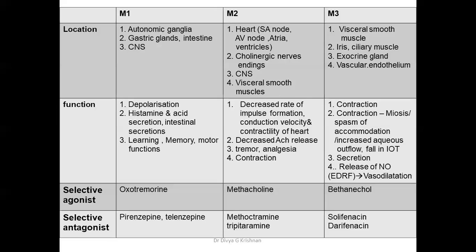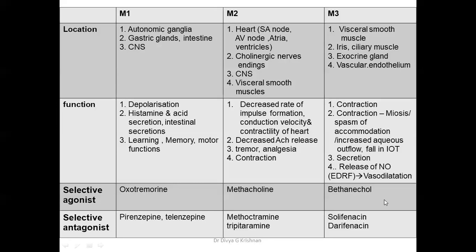The contraction causes vasoconstriction, but here the vasodilatation is caused mainly because of the action of the EDRF, which is released from the vascular endothelium. And this is the principal action of the cholinergic system on the blood vessel, that is, it mainly causes vasodilatation.